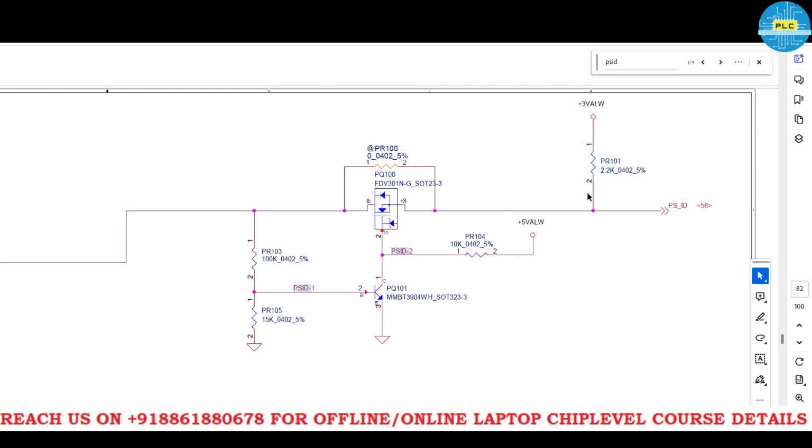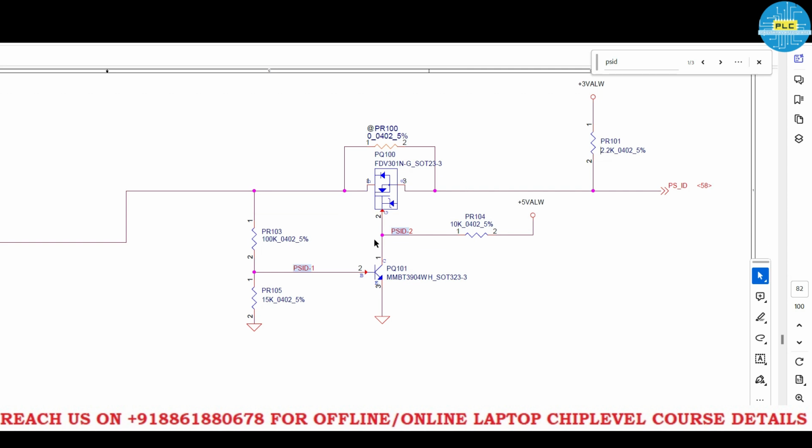See, one thing I'll tell you: in Alienware or XPS, you won't get the PSID issues solved by shortcuts, because in XPS and Alienware, everything should be proper. See here, 100K should be proper, 15K should be proper. You just need to replace the exact values of the resistors.